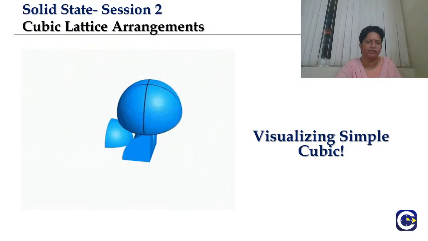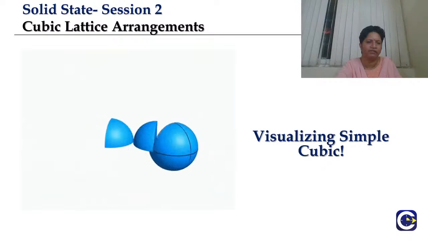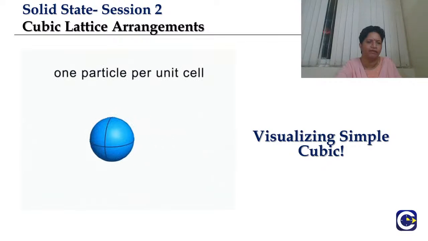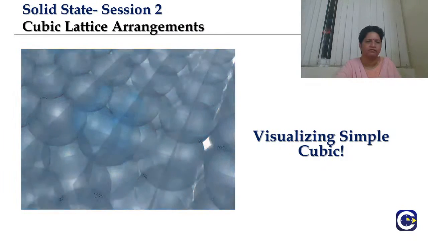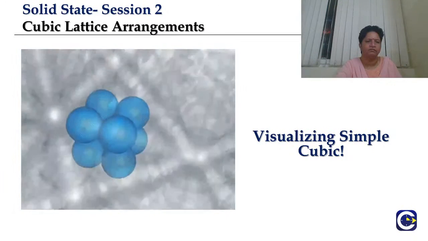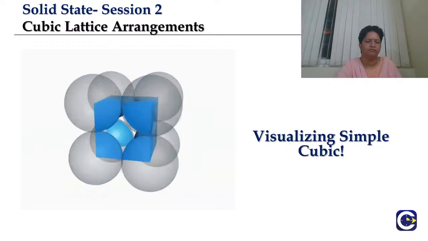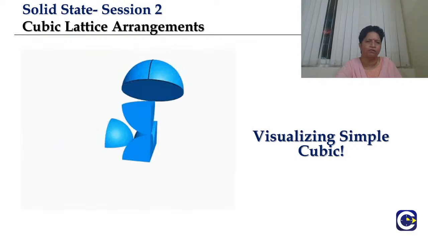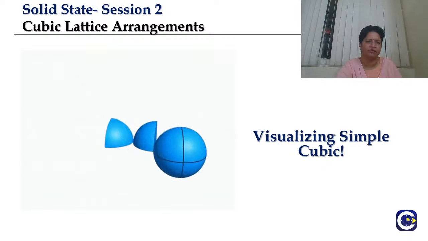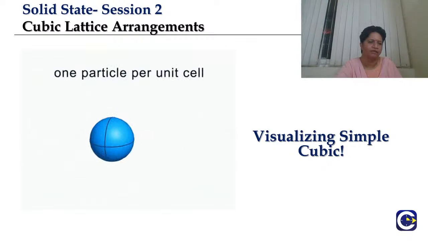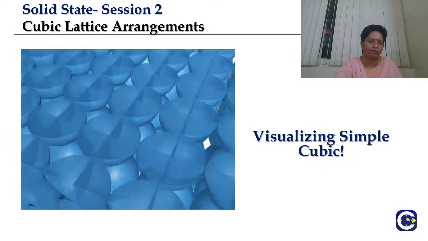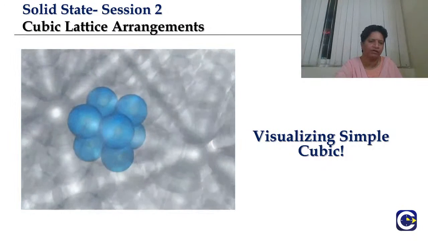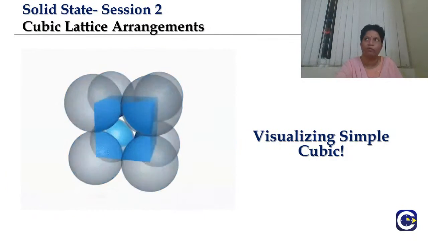So 1/8 of it, when we combine 8 times, see the way how many times it's rotating and then making up 8. Two, 3, 4, 5, 6, 7, 8. So 8 pieces have become 1. So just remember the contribution per unit cell is 1/8.